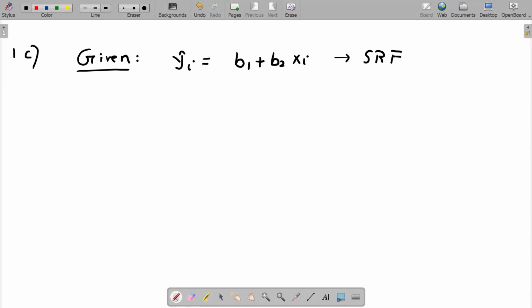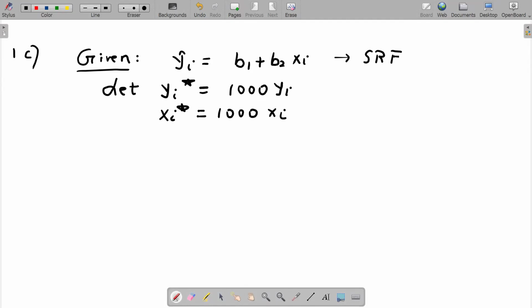In general, I can say let yi star be equal to 1000 times yi and let xi star be equal to 1000 times xi. So yi star is basically 1000 times yi. I multiply yi by 1000. I also multiply xi by 1000. Now, will the coefficient B2 change? Let's figure that out.